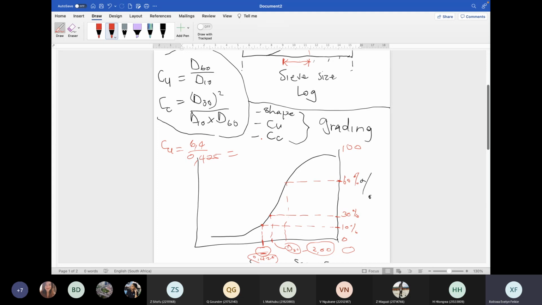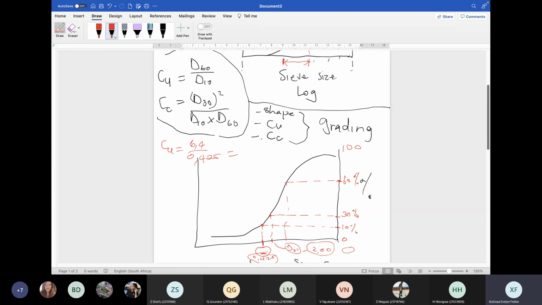If the value of Cu is greater than 5, those conditions are also in the book, you're looking at well-graded soil. If the value of Cu is less than 3, this indicates uniform soil. If the value of Cc is between 0.5 and 2, the soil is well graded as well. But if the value of Cc is less than 0.1, it indicates a possible gap-graded soil.